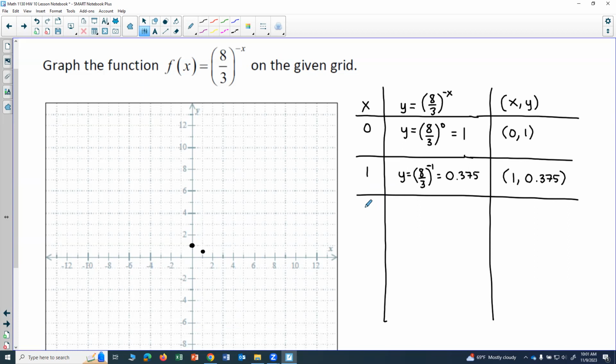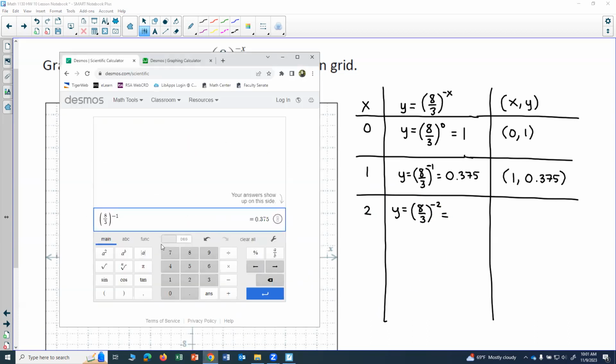And let me get another ordered pair. Let's say I have x equals 2. Then I would put in y equals 8/3, and it's 8/3 to the -x. So this would be to the -2. And I want to go ahead and put that into my calculator. So I'll do 8/3 to the -2.